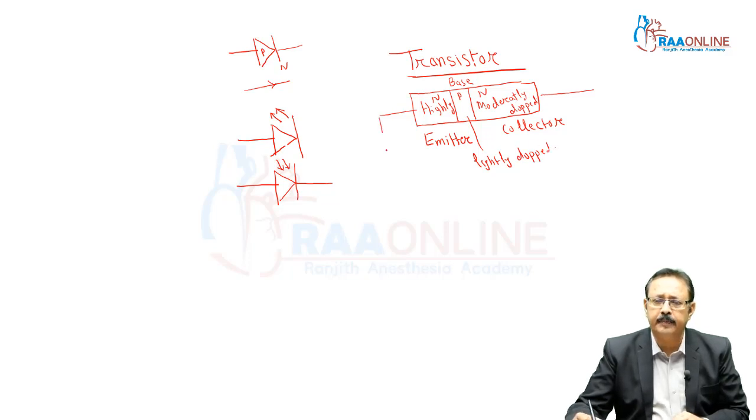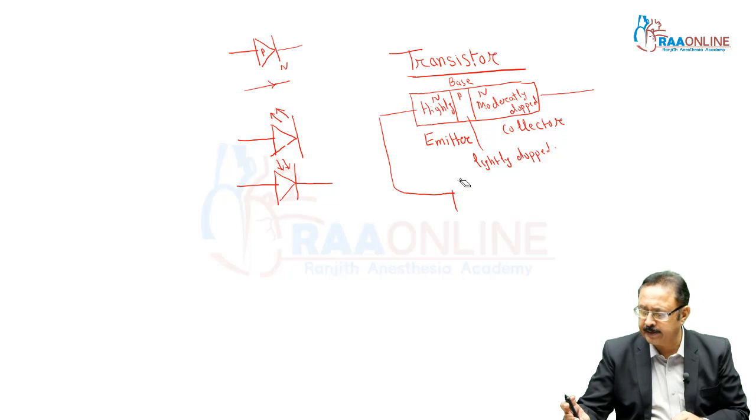In every experiment, we always put the emitter base junction in forward biasing.